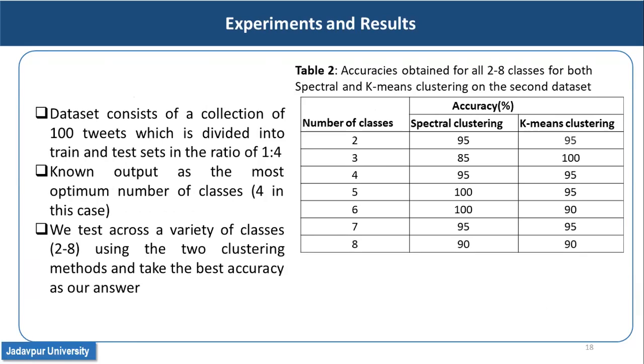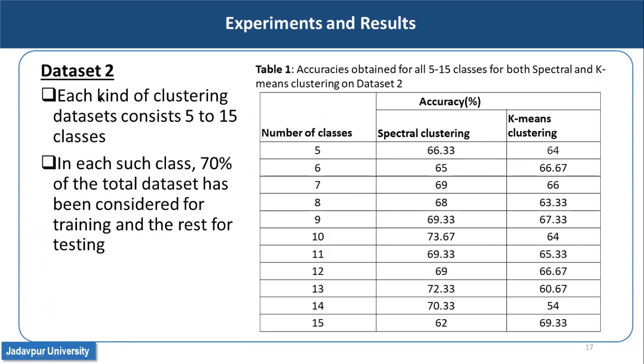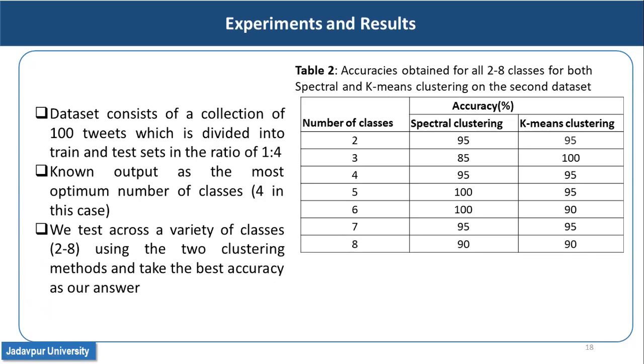For the second part, the number of classes has been used from 2 to 8. This was the whole data set, and here the data set consists of only 100 tweets, which is divided into train and test sets in a ratio of 1:4. The known output gives the most optimal number of classes, 4 in this case.